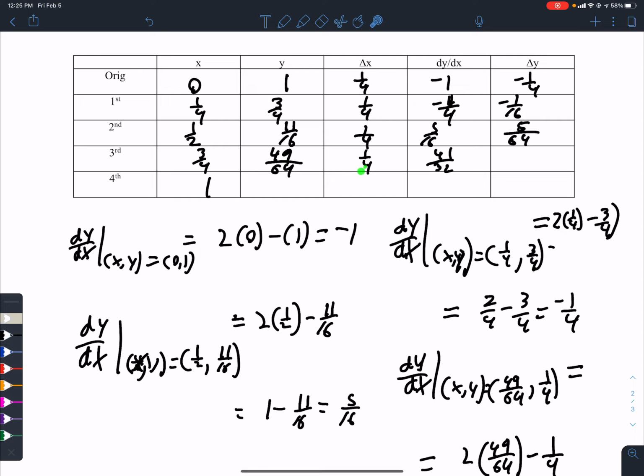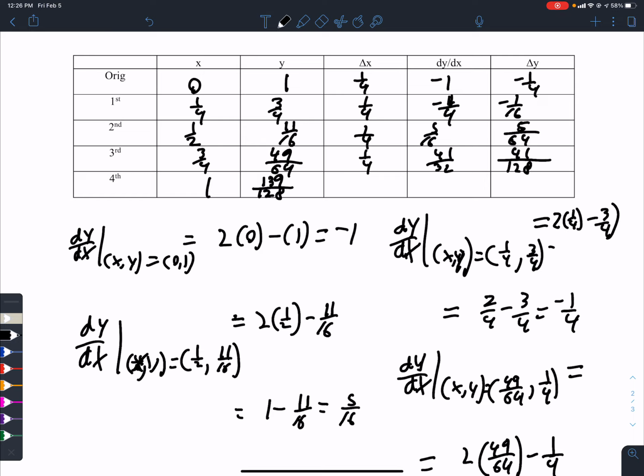Multiply that by delta x, the slope. It's going to be 41/32 over 4, which is 41/128. Okay, we can do this. So we started at this y, and we increased by that much. This is actually, what, 98/128? 98 plus 41? Hey Siri, what's 98 plus 41? 98 plus 41 is 139. 139/128.